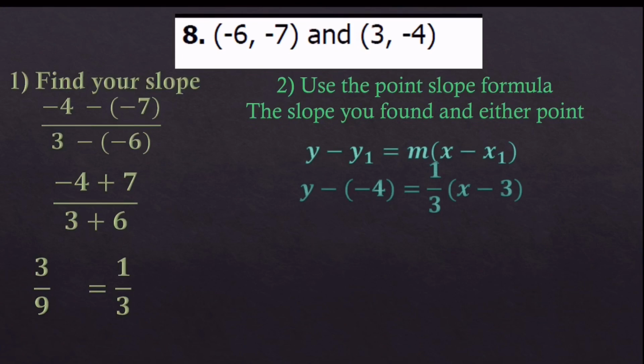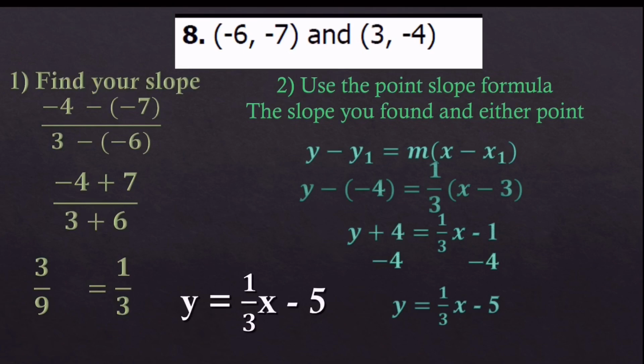I always go with the smaller values, or the more manageable numbers, I should say. I'm going to rewrite it. Minus a negative becomes a plus, and I distribute my 1/3. I'm going to subtract 4 from both sides, so that y equals 1/3 x minus 5. There's no other step. Once you've done that, that's the equation. You don't have to go back and plug things in.